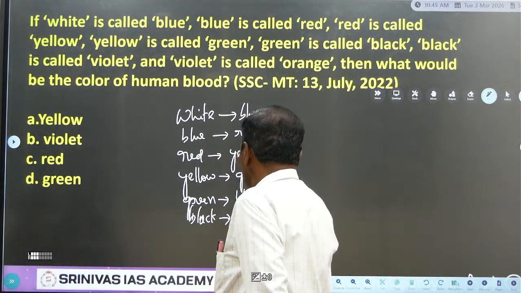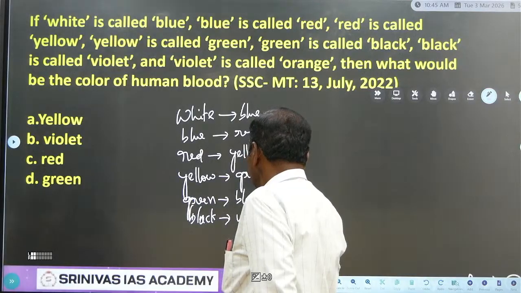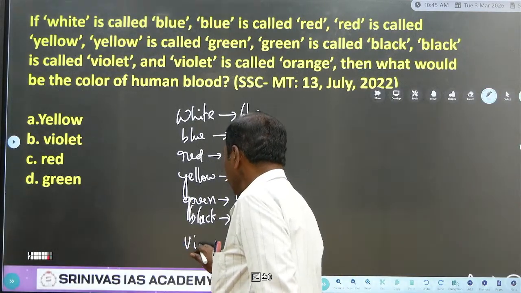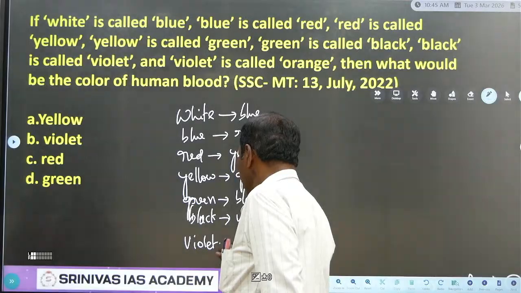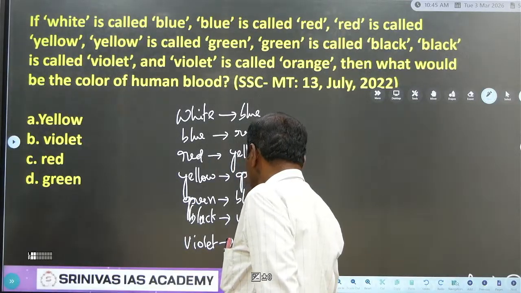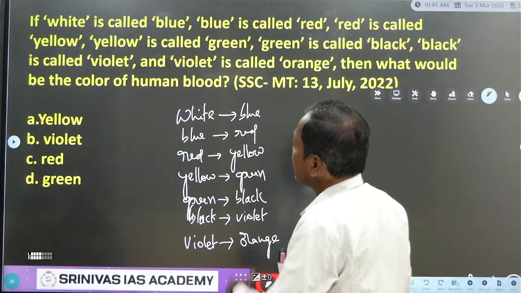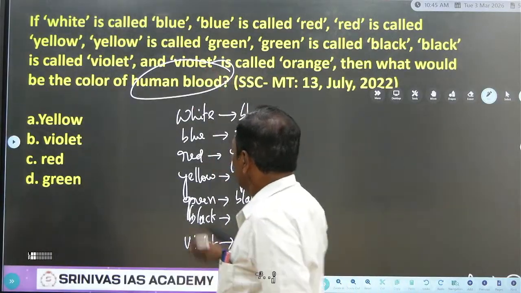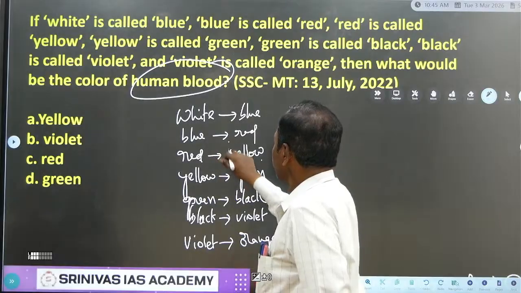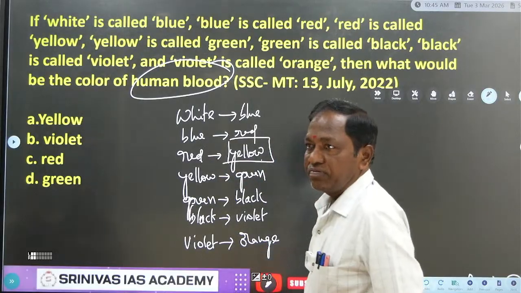Black is called violet. Violet is called orange. So the color of human blood is red. So red is called yellow. So yellow is the answer.